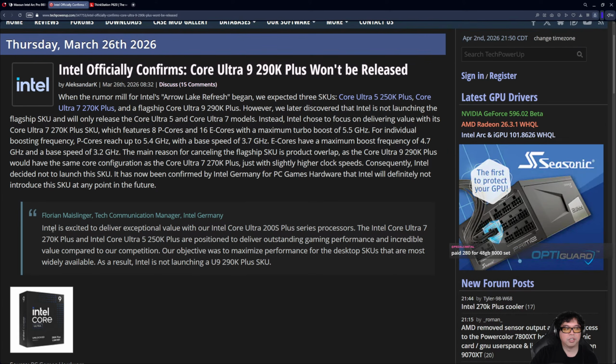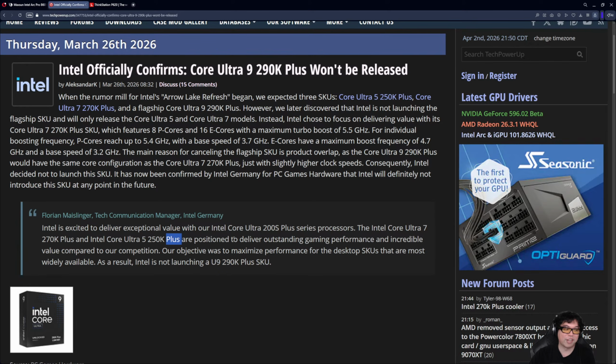So they've said, "Intel is excited to deliver exceptional value with our Intel Core Ultra 200S processor. The Intel Core Ultra 7 270K Plus and Intel Core Ultra 5 250K Plus are positioned to deliver outstanding gaming performance and incredible value compared to our competition." I like how it's literally the word plus, not the mathematical symbol.